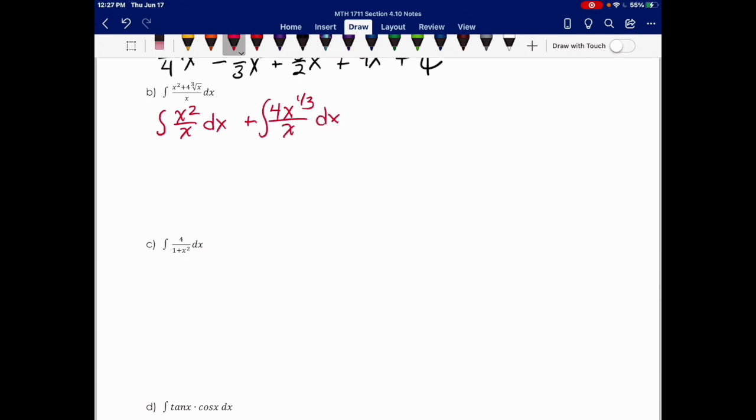Plus, then we have 4x to the 1/3 over x dx. Now, when we simplify this, we get the integral of x dx plus, and I can use that constant multiple rule and pull the 4 out in front, 4 times the integral of x to the negative 2/3 dx.